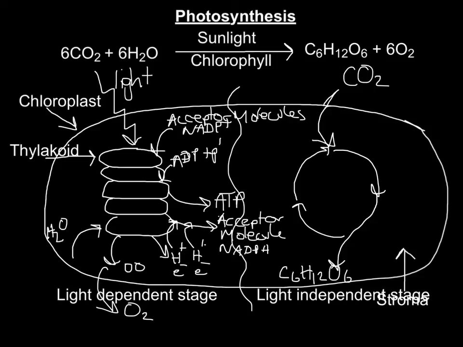So in its simplest form, the light independent stage takes carbon dioxide and it converts it into glucose, and the glucose is stored by the plant and used by the plant.